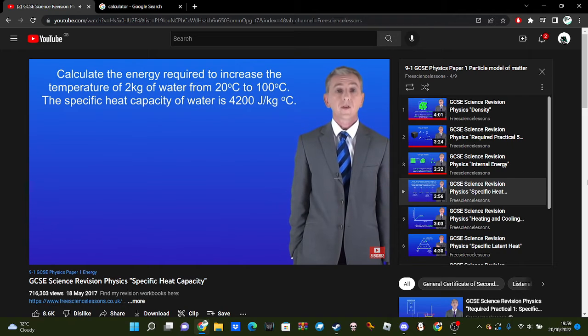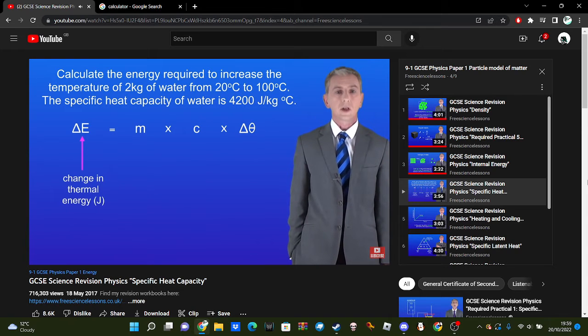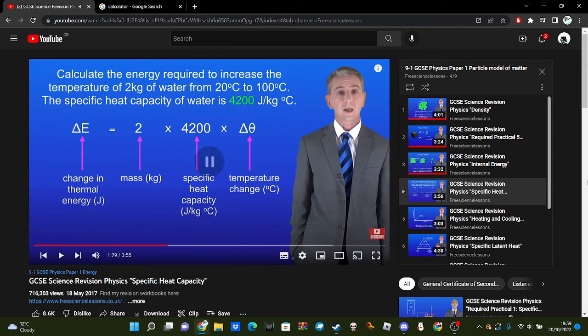To answer this question, we've got to use this equation, and you are given this in the exam. The change in thermal energy in joules equals the mass in kilograms multiplied by the specific heat capacity multiplied by the temperature change in degrees Celsius. We've got 2 kilograms of water. The specific heat capacity of water is 4,200 joules per kilogram per degree Celsius, and you will be given that value in the exam. And finally, the temperature change in this case is 80 degrees Celsius.